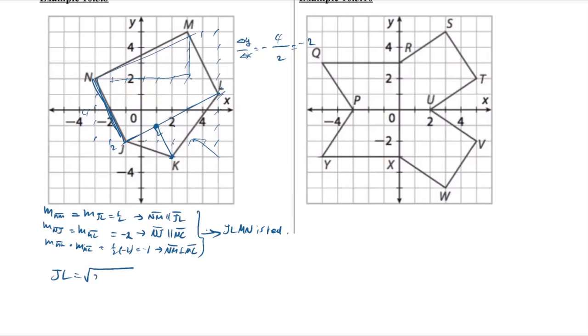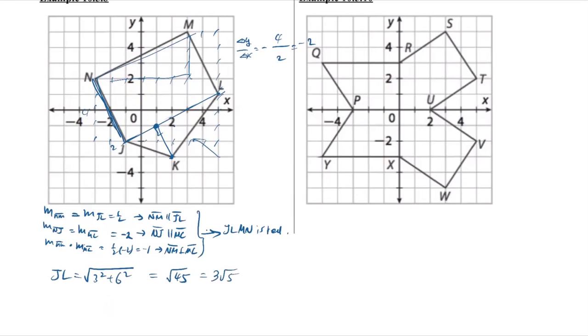So 3 squared and 6 squared. Change in x was 6, and change in y was 3. So that's 9 plus 36, which is root 45. And we've done this particular value earlier. That's equal to 3 root 5.